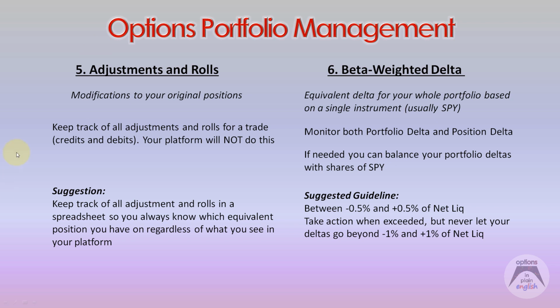We have to take action when those numbers are exceeded, such that you never let your deltas go beyond minus 1% and plus 1%. Under no circumstances should you have a portfolio that's so heavily weighted toward a directional move.